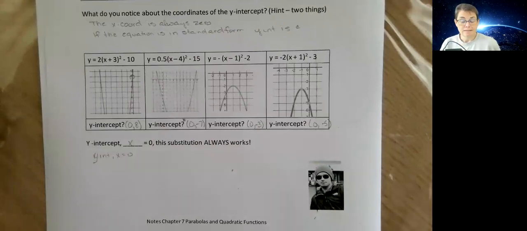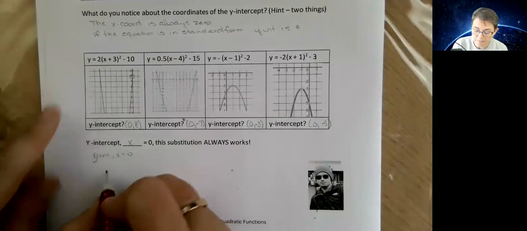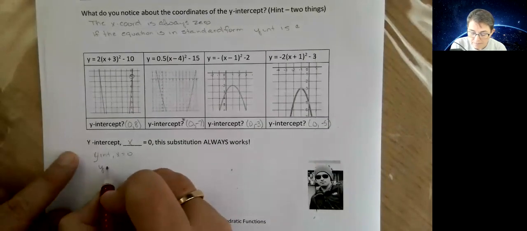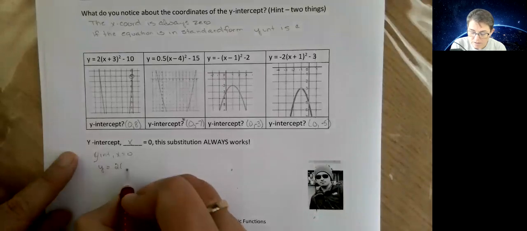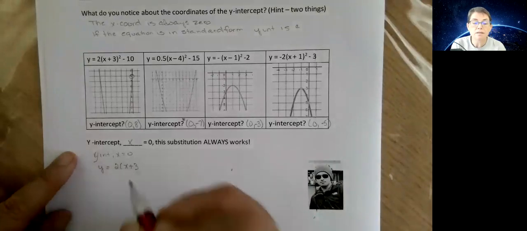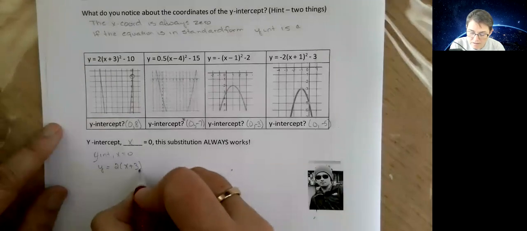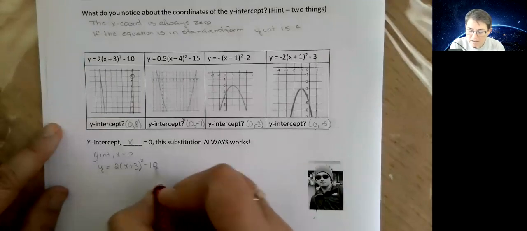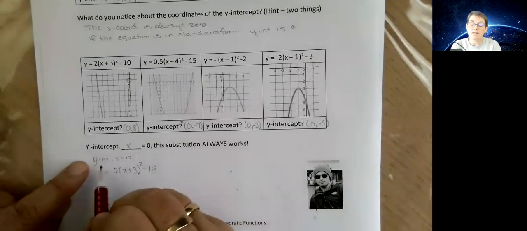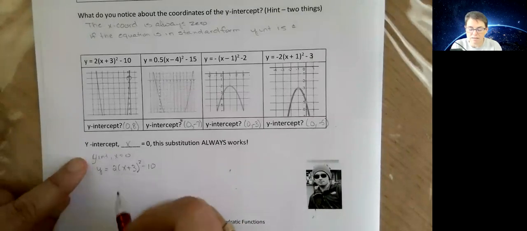Okay, just saying. Because now this becomes really easy. What you do is you substitute. So y is equal to 2(x plus 3) squared minus 10. I'm just copying this. If we're doing the y-intercept, x is 0.